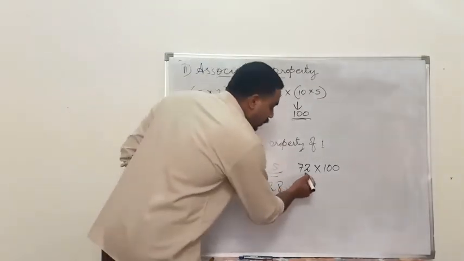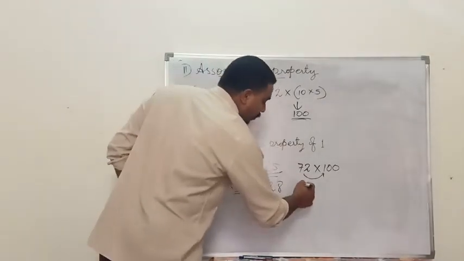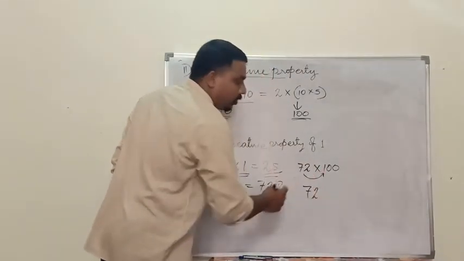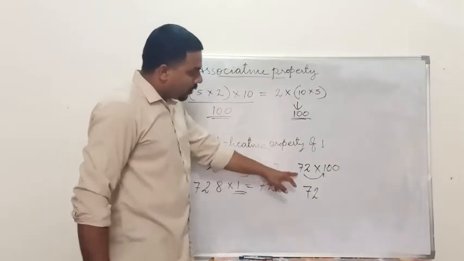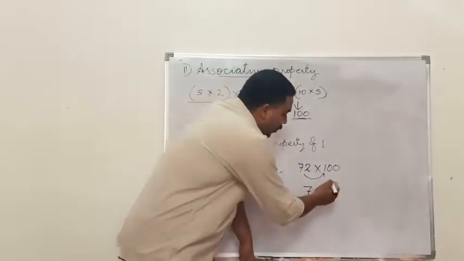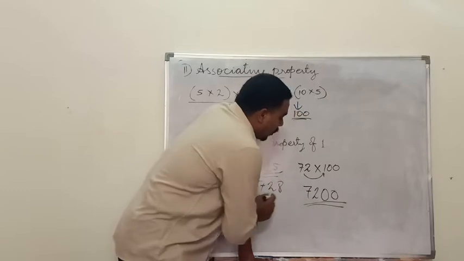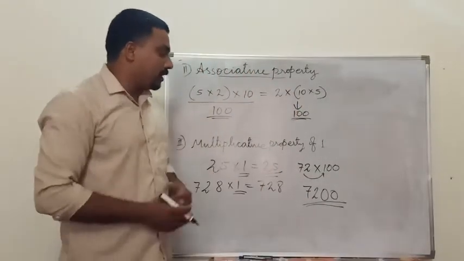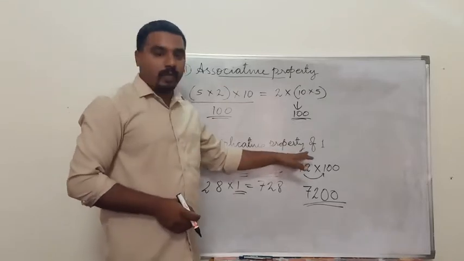How will we use this? 72 into 1 is equal to how much? 72. Is it or not? So here we use what? The multiplicative property of 1. And how many zeros are remaining there? 2 zeros. Place the 2 zeros after 72. So the product is ready. In such a way we can use the multiplicative property of 1.